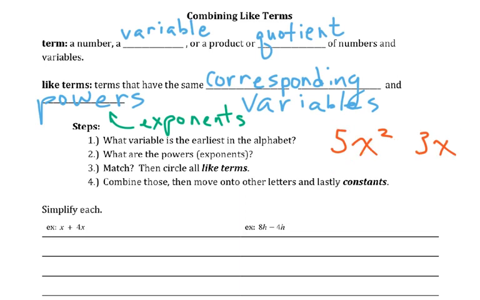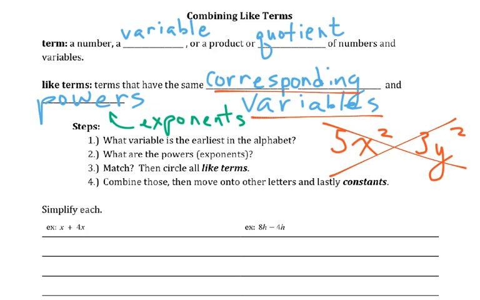They do not have the same power. If this said 5x squared and 3x squared, these would be like terms. If the variables were different, where one said 3y squared, while the other said 5x squared, these would also not be like terms because x and y are different variables.